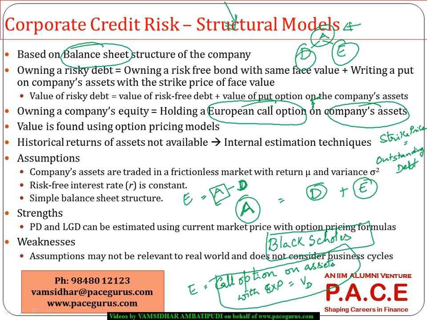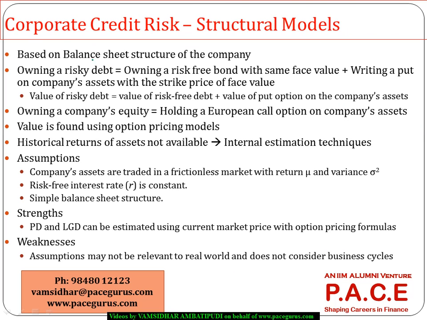Right? And similarly, it is also said that if a company is owning a risky debt, it is saying that you own a risk-free bond and write a put option on the company's assets with a strike price equal to the face value of the debt or value of the debt that is outstanding.